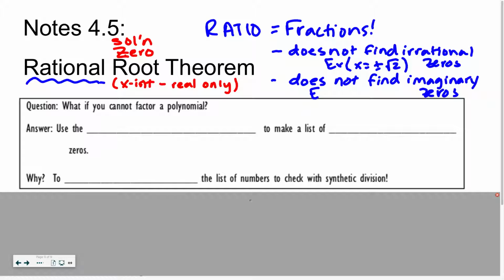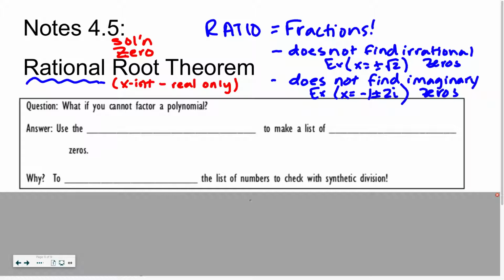So an example of that would be, what if it was x equals -1 plus or minus 2i? The rational root theorem isn't going to instantly generate that zero. But the rational root theorem will help us find any zeros that are or could be written as fractions if they exist.